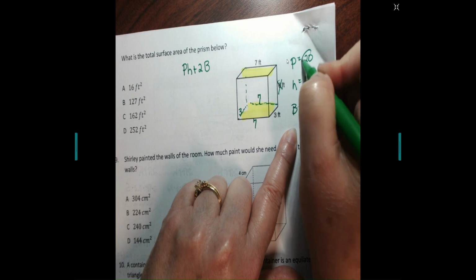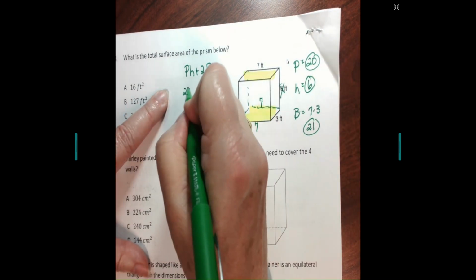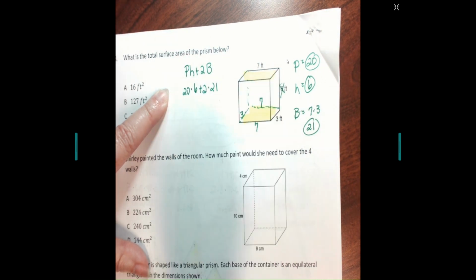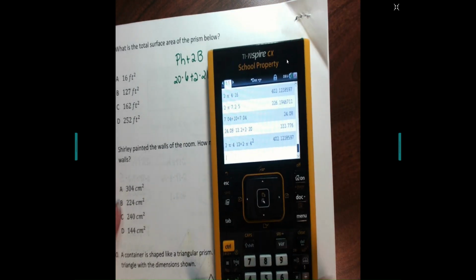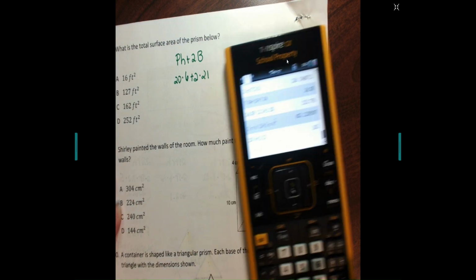So there's my 3 pieces. Now we go plug them in. 20 times 6 plus 2 times 21. 162.